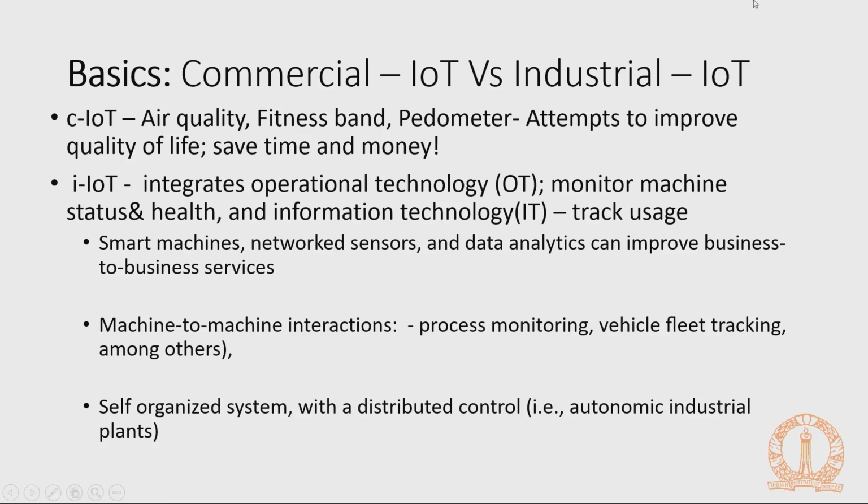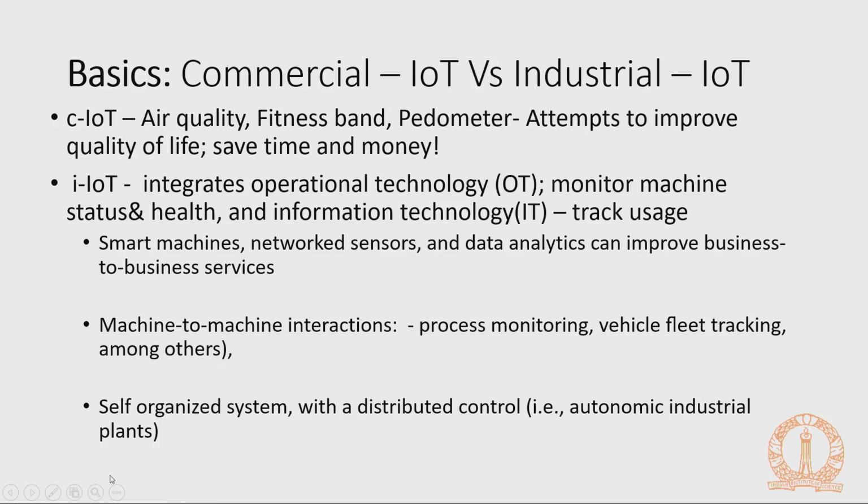You make machines smarter by using network sensors, you can collect a lot of data, perform data analytics so that it can improve the business to business service and so on, right. You can also do machine to machine interaction, process monitoring for instance is a very good example, vehicle fleet tracking and so many other related applications are there.